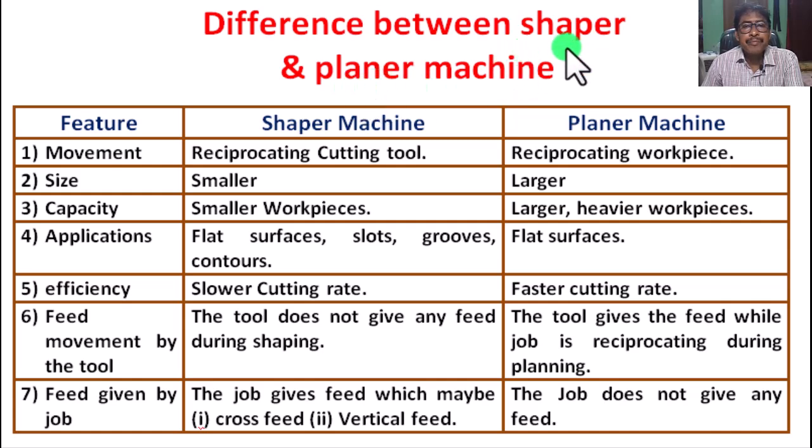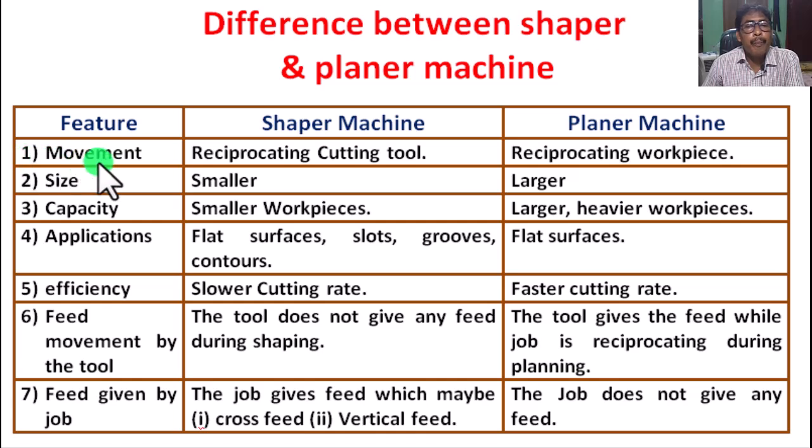Shaper machine and planer machine are both types of machine tools used in metal working, mainly to create flat surfaces, but they have some key differences. This column features shaper machine, this column planer machine.